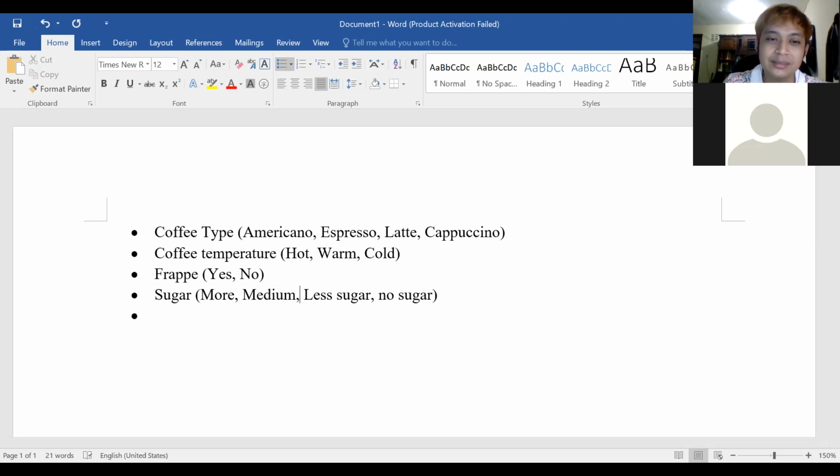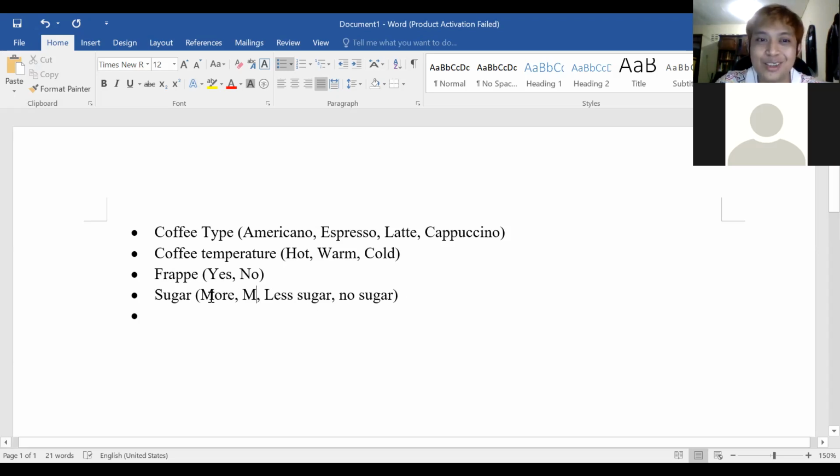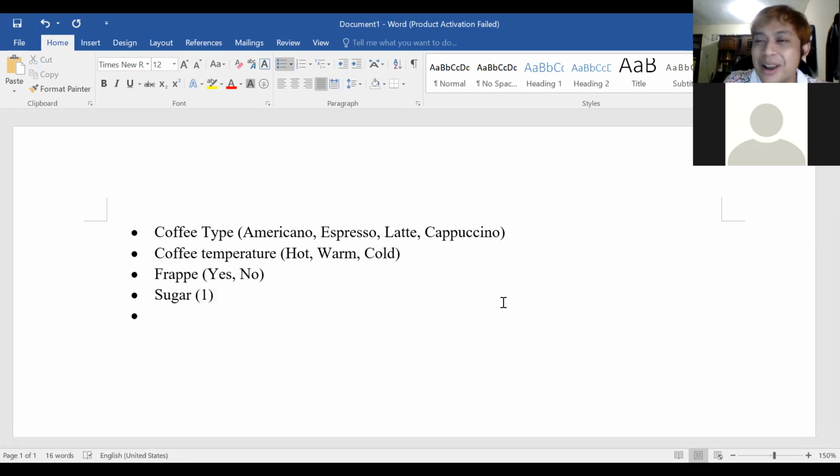Or you can do it by percent. Oh yeah, very good. So which one do you like? 100%? No, it's not 100% sugar. Zero. What about this one? At 50%, at 30%, no sugar, like this one, or normal.